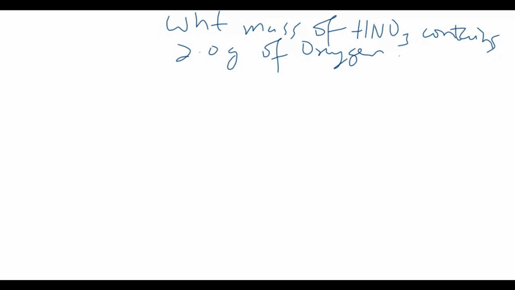But in this case, we've been given the mass of oxygen in an unknown mass that we have to find. But we are still going to use the same pattern.